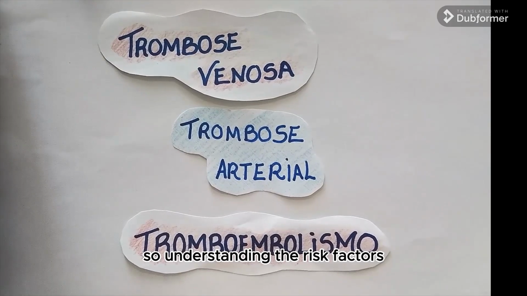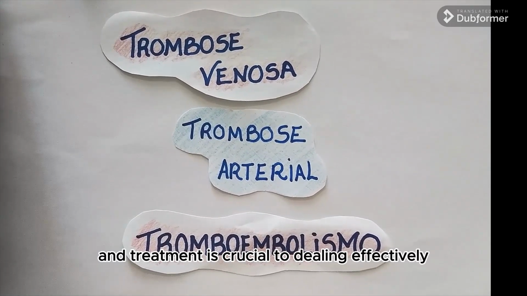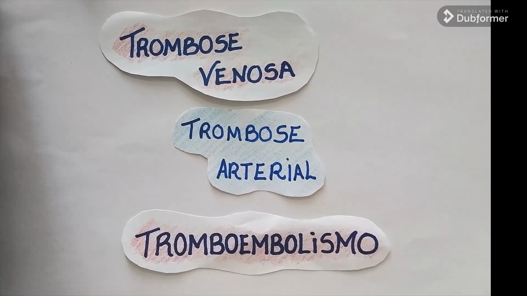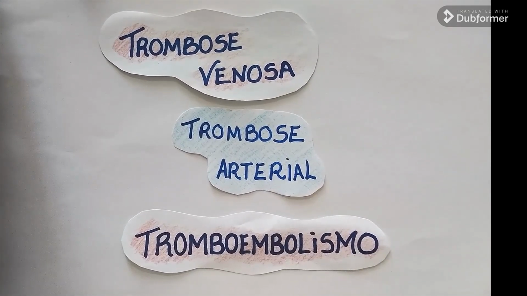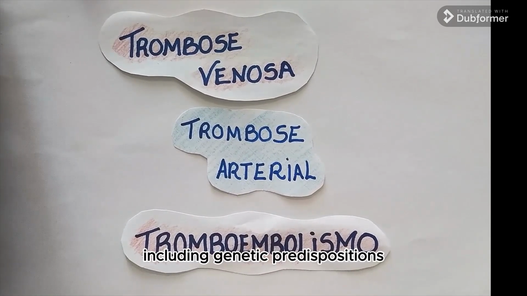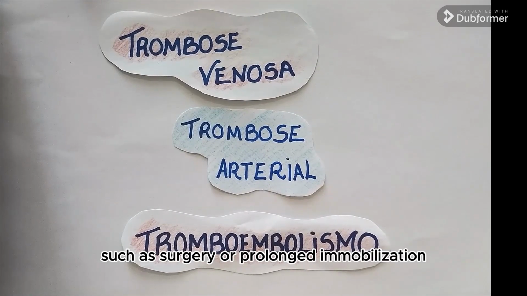So understanding the risk factors, prevention methods, and treatment is crucial to dealing effectively. During our studies, we explored various factors that contribute to the development of thrombosis, including genetic predispositions, lifestyle, specific events such as surgery or prolonged immobilization.